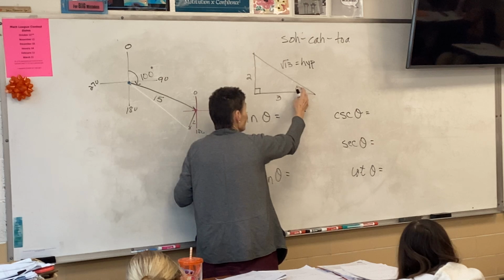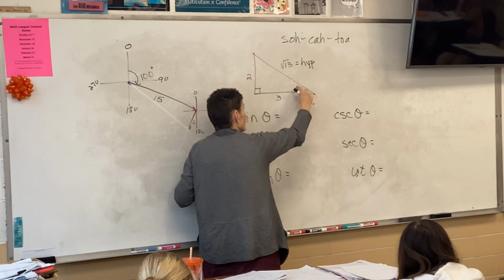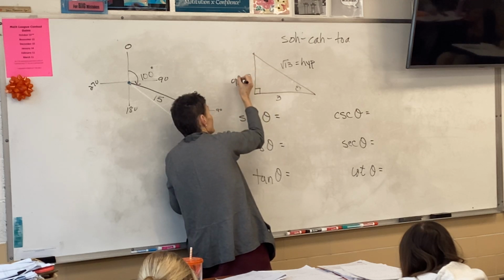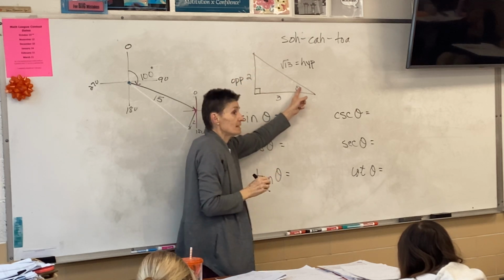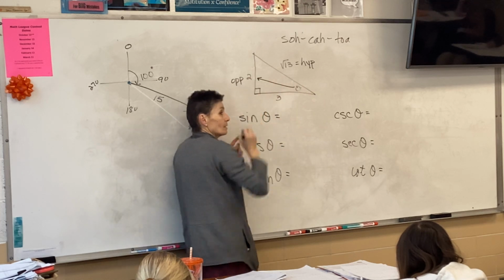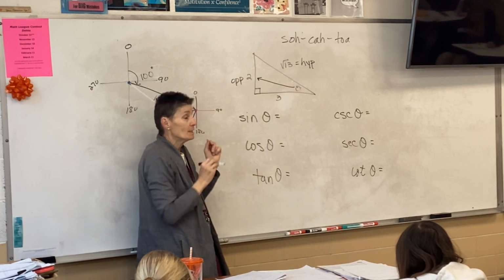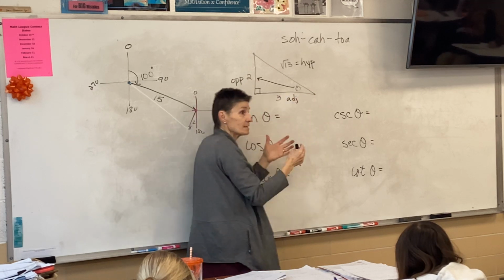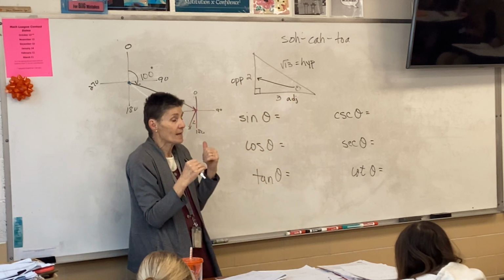If the angle is right here, then this side is opposite because it is across from the angle. This side is adjacent because it is next to the angle.